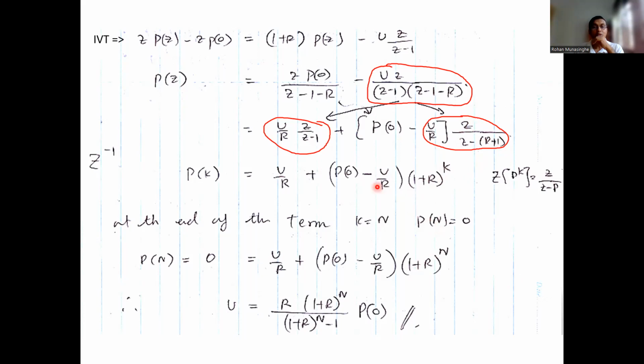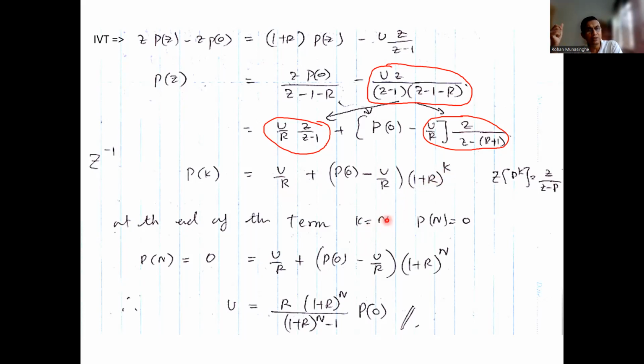So then from this equation, you need to figure out you want to get u to the subject on the left hand side and rearrange it as a function of initial loan, right? And the interest rate and also the duration, that is 12 months, 24, whatever. Now, we can write the equation for k equals n.